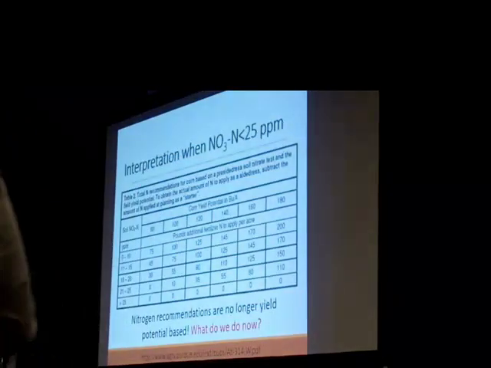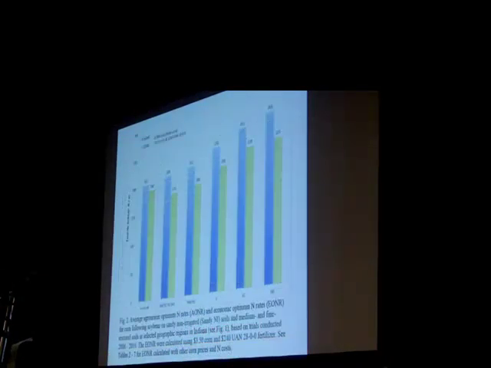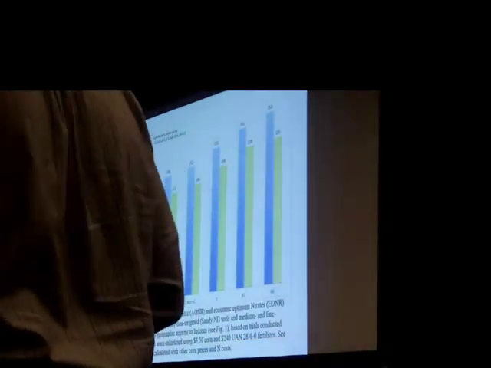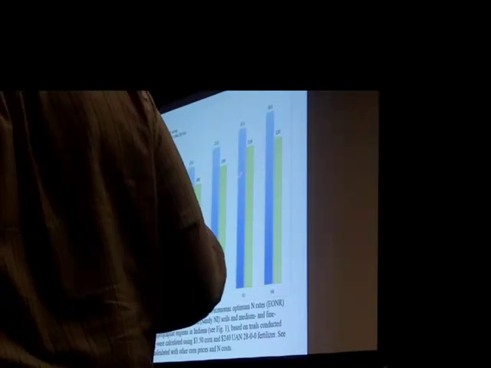And this is the old chart that we've used for many years. And you'll notice the corn yield potential only goes up to 180 bushels. And that doesn't really matter because nobody makes recommendations based on yield anymore, because they've found that there's no good relationship between how much nitrogen you have to add and the yield achieved.